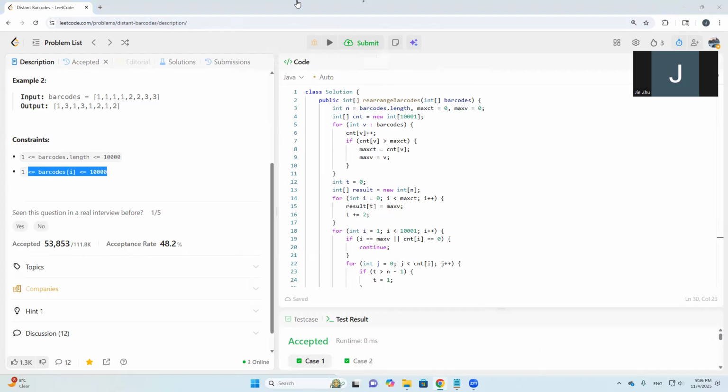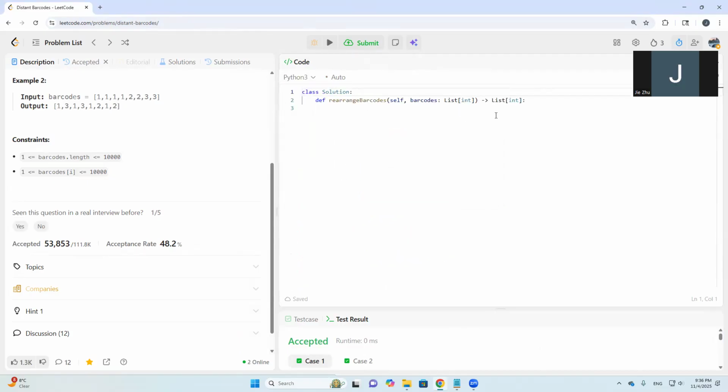We can also write Python code for the solution. We're going to have n of the length, and we can have count, max count and max value. So n equals length of barcodes, and counts equals zero multiplied by 10,001.